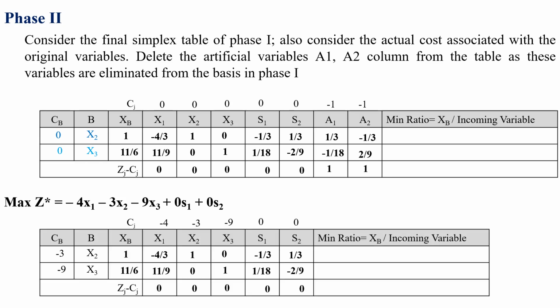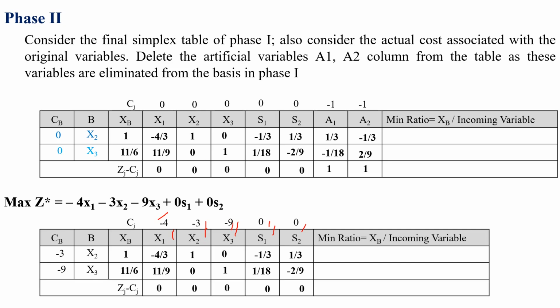Here the original objective function is minus 4x1 minus 3x2 minus 9x3 plus 0s1 plus 0s2. Then modify these Cj values with minus 4, the x1 cost coefficient, minus 3 for the x2 cost coefficient, minus 9 for the x3 cost coefficient, and 0 for the s1 and s2 cost coefficients.